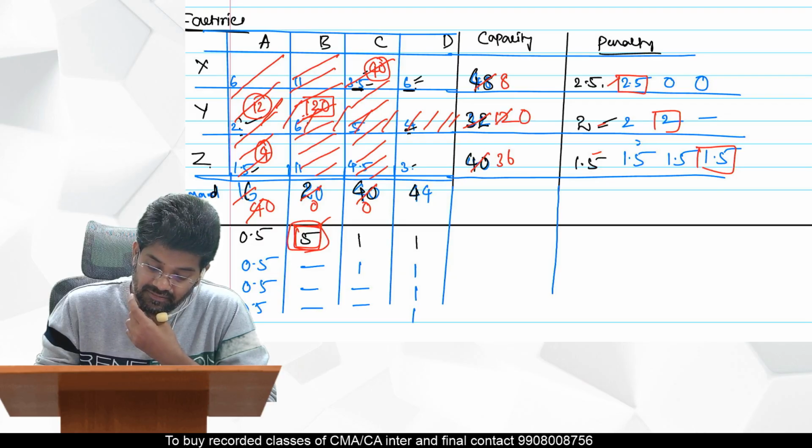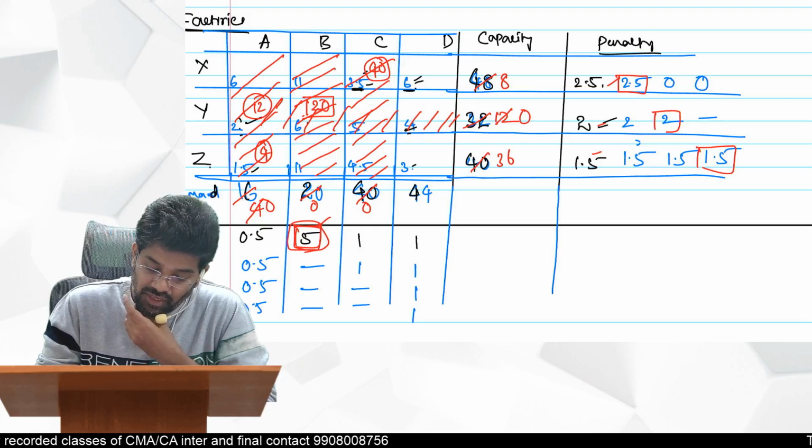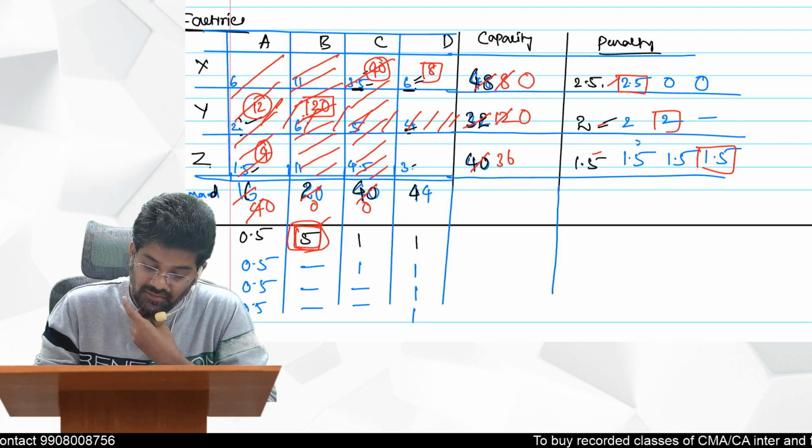Okay. Now in this, how much can I allocate here? First one I can allocate only 8. You can see here 8 or 44, whichever is lower. So only 8 I can allocate here. So this one will become 0 and this one will become 36.